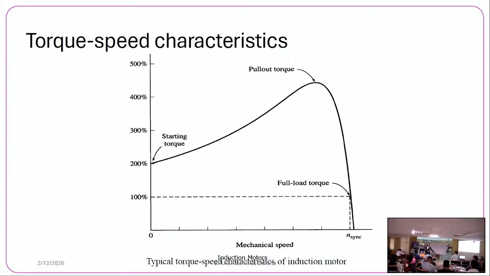But in this case, speed is increasing and torque is increasing. Whatever the reason, it is an unstable part, not a stable part. The torque here is not the load torque; this is the electromagnetic torque.